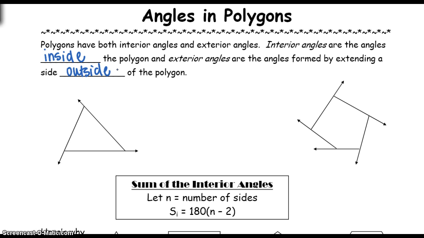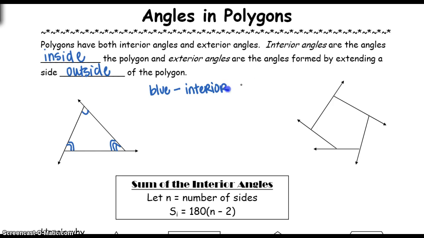So let's look at these two things below, and I'll tell you what interior and exterior angles look like. First thing, you notice that all the sides were extended, all right? So these guys in here, they're not congruent, so I'm going to mark them like this. Those are exterior angles. So if it's in blue on my screen, I'm sorry, those are interior angles.